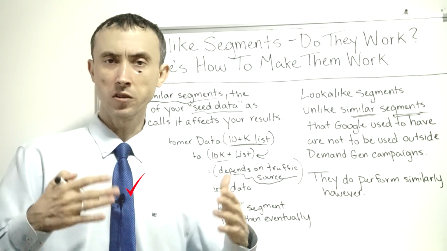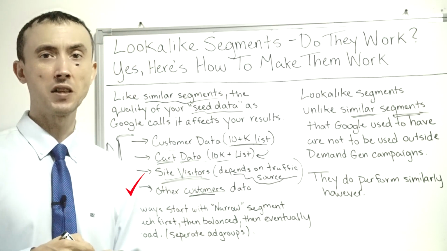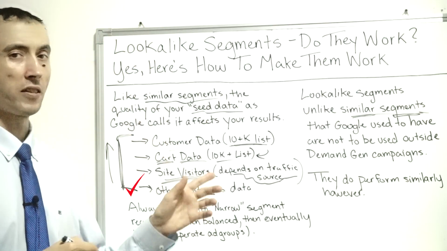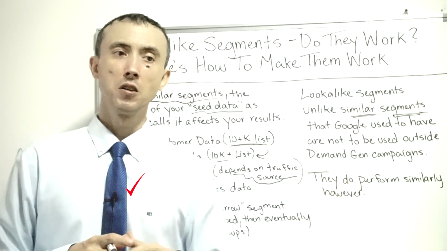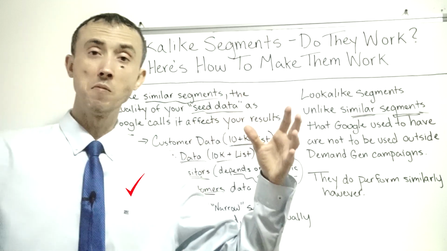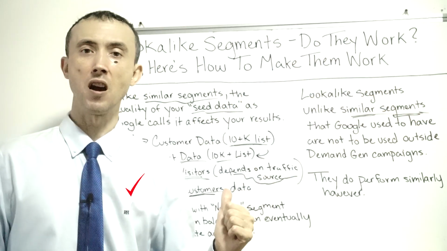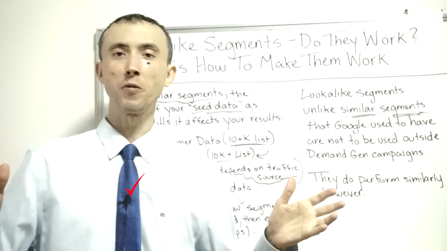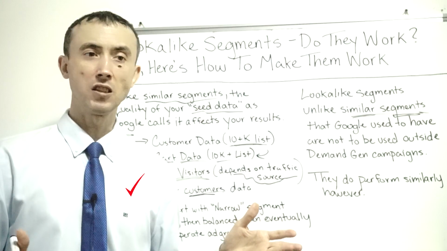If you are in something super niche, you're probably better off, instead of using lookalike segments, just targeting people who've searched for that on Google. If you're in something more mainstream though, that's where you can use other people's customer lists and be better off. Why? Because there's a greater variety of people searching for that stuff. In the surf space, it's pretty broad.